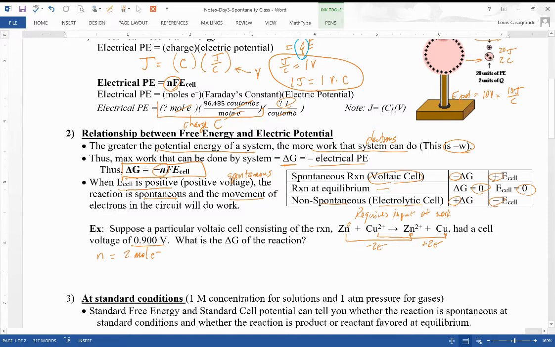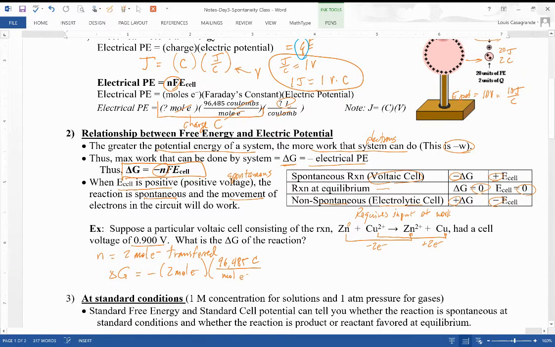All right, so there's 2 moles of electrons transferred, and that's going to go into our delta G equation. So plugging everything in, the delta G now is equal to negative times 2 moles of electrons, Faraday's constant, 96,485 coulombs per mole of electrons.